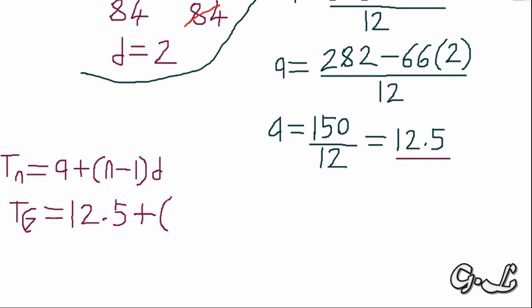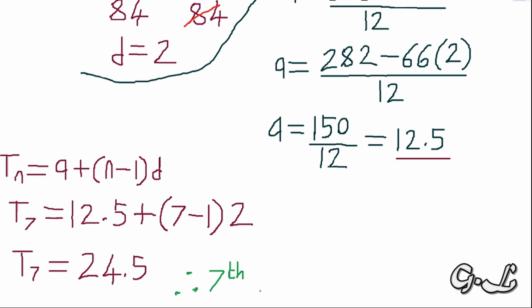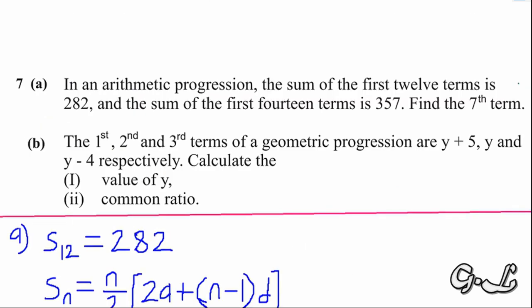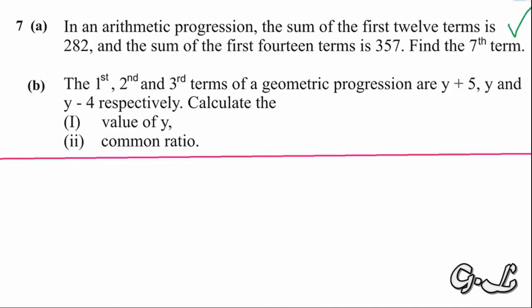It is going to be replaced with 7, minus 1, and then the common difference we already found as 2. After you do the calculations, the seventh term is equal to 24.5. This is how you're supposed to score marks in an exam.